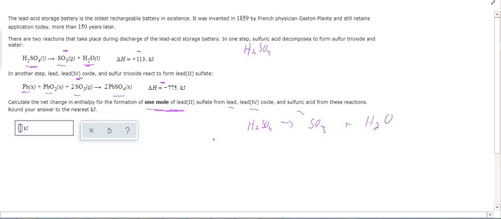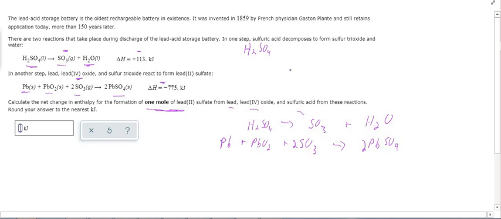Okay, and then the other equation it gives us is going to be lead plus lead oxide plus the sulfur trioxide, 2 moles of that. That's going to yield what the product they're asking for, 2 moles of lead 2 sulfate.